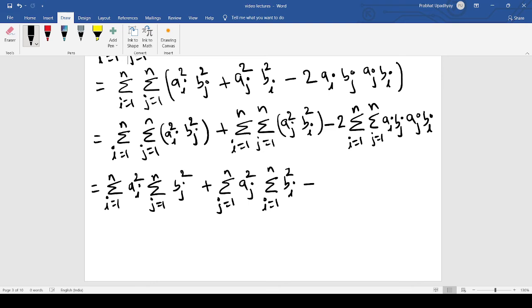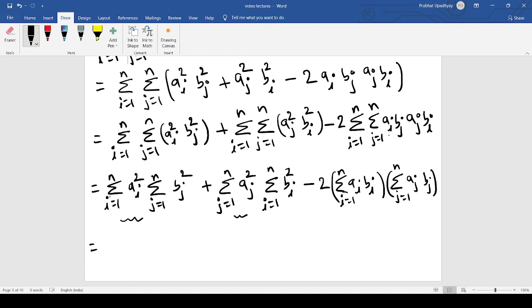And this term I can say is equal to minus 2 times summation. Now I will combine ai and bi multiplied with summation. Now the remaining term is aj and bj. Here j is running from 1 to n and here i is running from 1 to n. If you closely observe, the first two terms are actually the same. See here, it is summation ai square, i running from 1 to n.